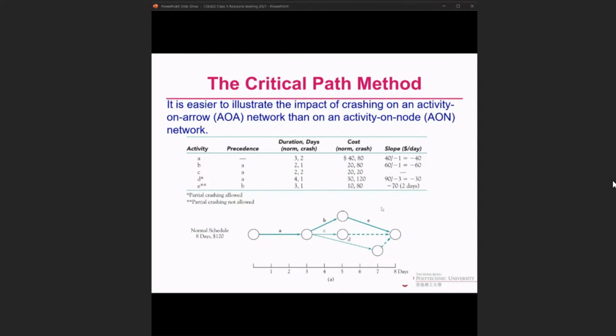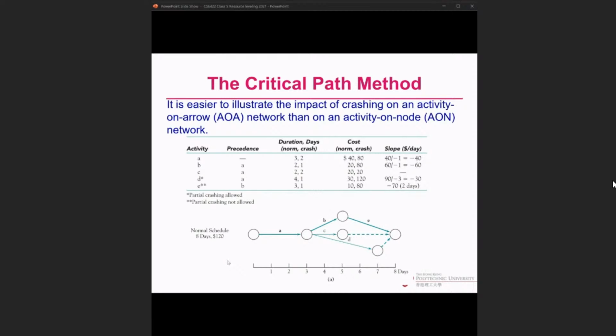So now we just follow the previous example. You already have all the information: the normal duration, crash duration, and also the normal cost and crash cost, and also the slope for each activity. And then if we didn't do anything, we just draw this AOA based on the 5 activities and also the relationships, then you will find out that this is a normal schedule.